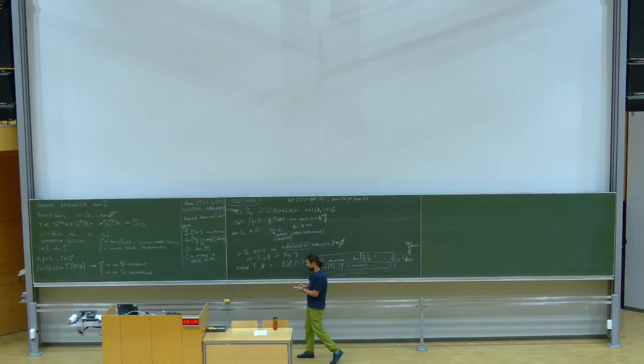Therefore, a closed subvariety of a projective variety has to be projective, so this guy is projective. So I might be in this situation here, where Y is equal to this guy over there.